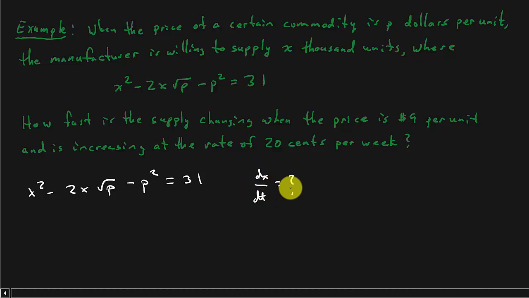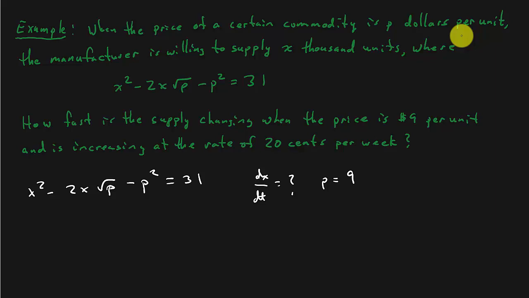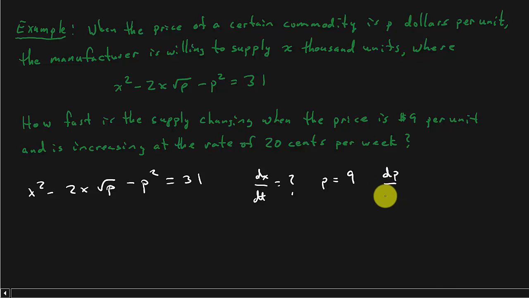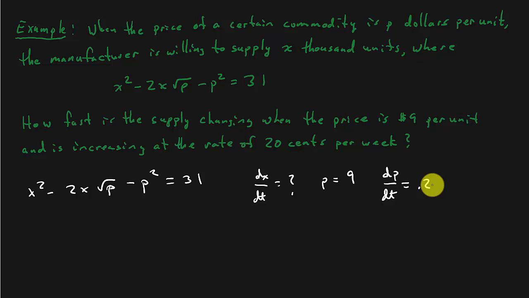And what other information did they give us? When the price is $9, so P is 9, and it is increasing at the rate of 20 cents per week. So that's how fast the price is changing. So dP/dt is 0.2, right? 20 cents, we have to put it in dollars. If you plug in 20, then it's like you're plugging in $20.